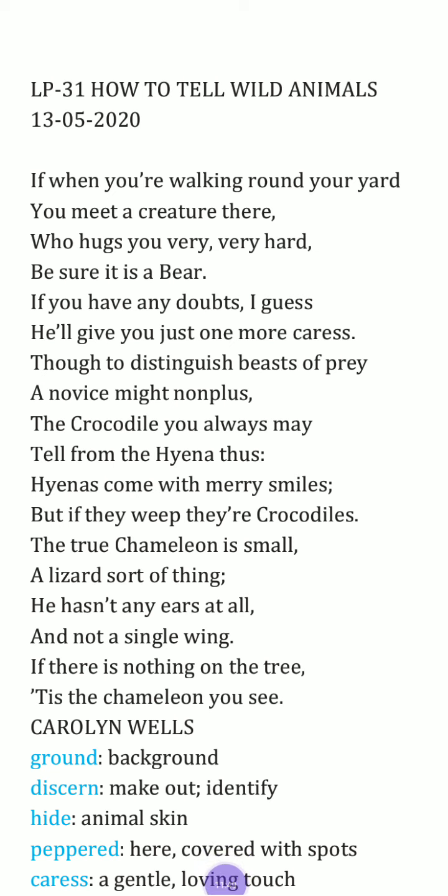One of the features of the chameleon, which is similar to a lizard, is that if you cannot see any insects on the tree, you will just think that one chameleon is there on the tree. And if you are unable to see anything, the second meaning is that the chameleon is very well versed in changing its color.